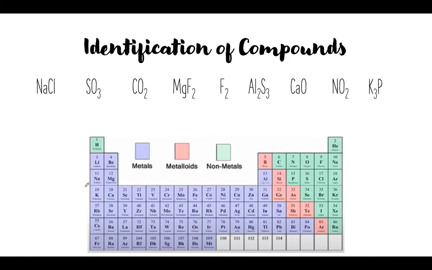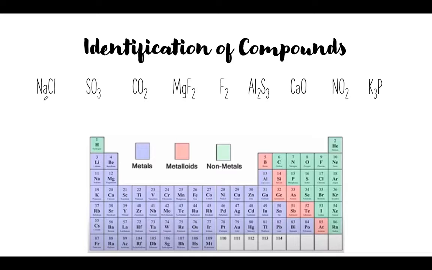In this periodic table, anything that is blue is a metal, and anything that is green is a nonmetal. Go through each of these and see if they have both metals and nonmetals. If they do, they're going to be ionic compounds. So pause the video, do that, and then come back.